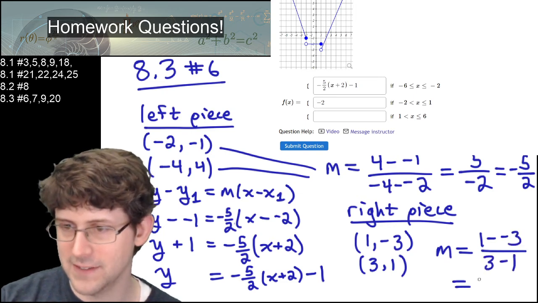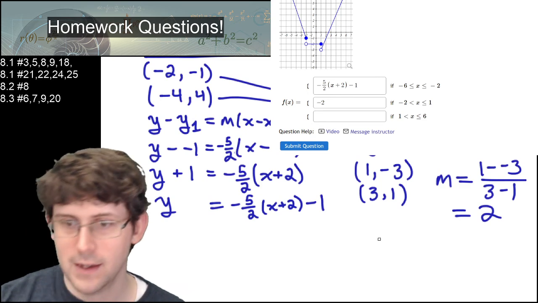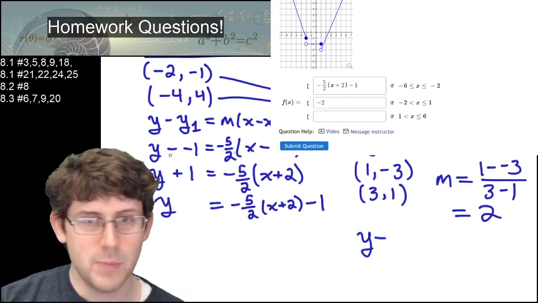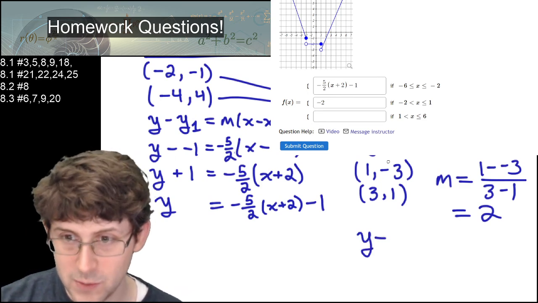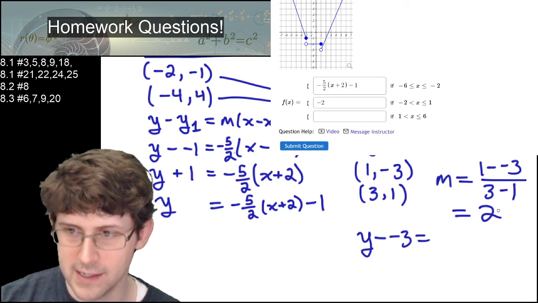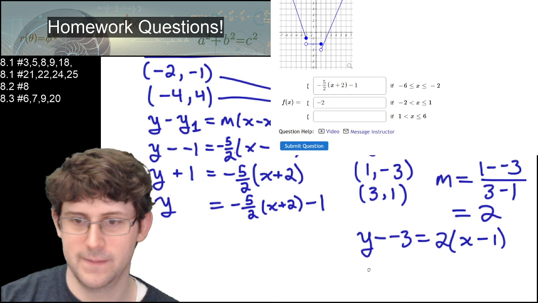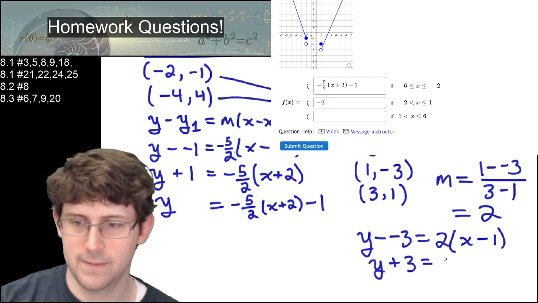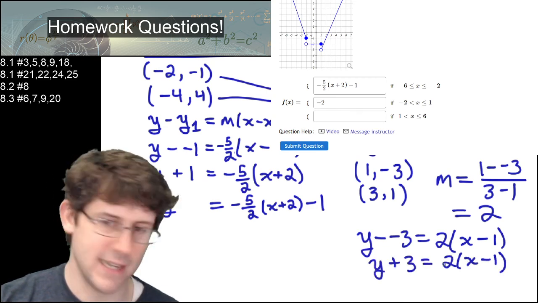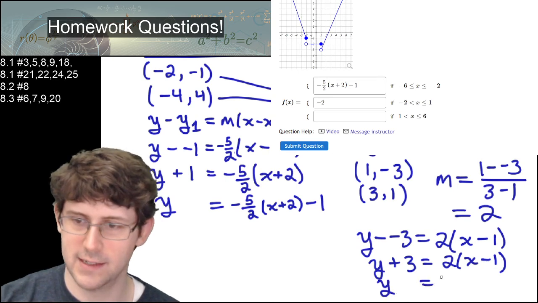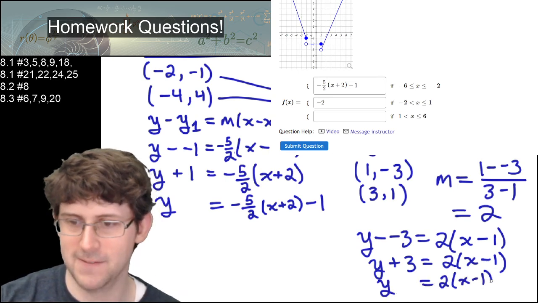This one comes out to have a slope of 2. So I can use point-slope form. Y minus the first y is the slope times x minus the first x. I'm being lazy. I'm not distributing the 2 because I don't have to.